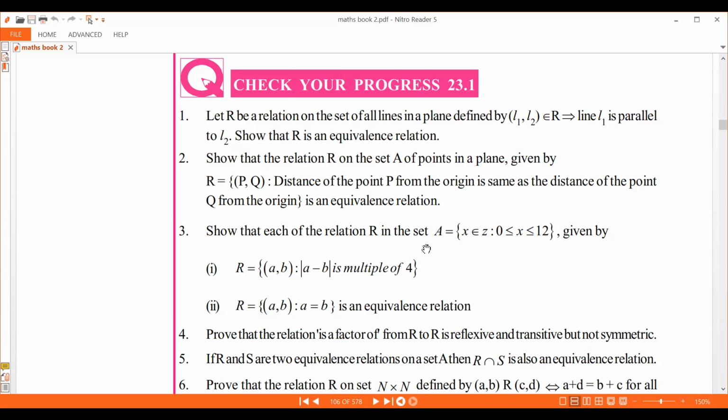Then L1 has to be parallel to L3. That's it. So it is transitive. Clear? L2 is parallel to L3 and L1 is parallel to L3.